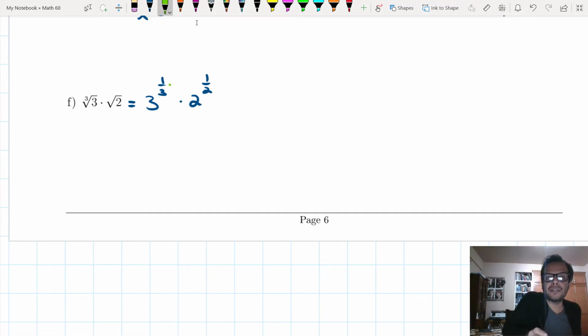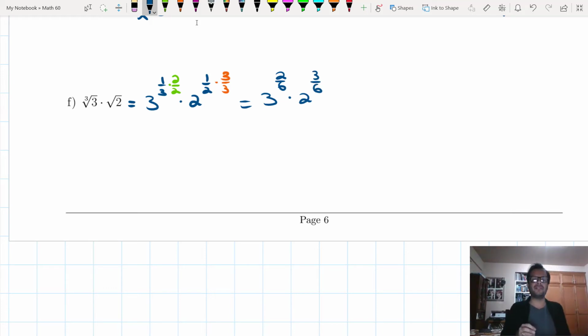So let's multiply this one by 2 and this one by 3. All right. So this will be 3 to the 2/6 times 2 to the 3/6. Now, what are we going to do from here?